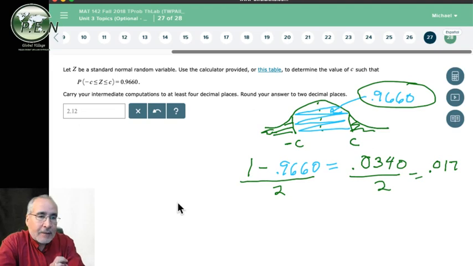The table also gave us the correct answer, but it gave us a negative, and we might get confused. Do I answer the negative or the positive? Doing this once, you're going to remember when you get this question from negative C to positive C, the answer is going to be the positive C because the negative's here in the formula.